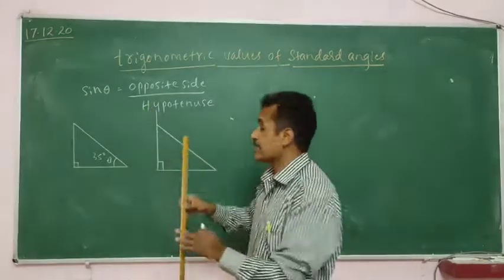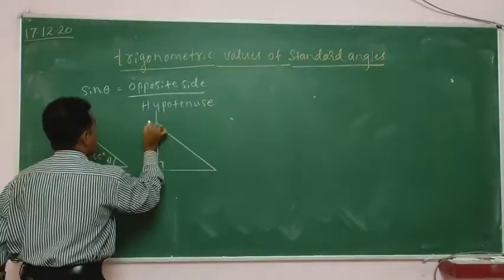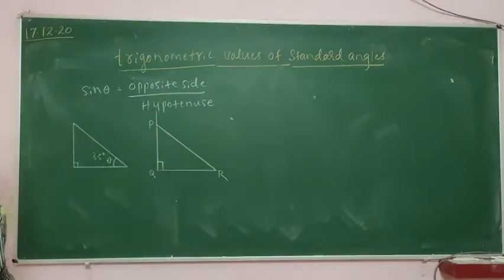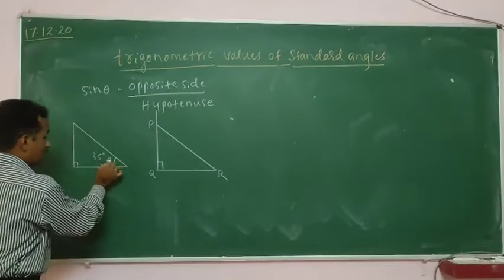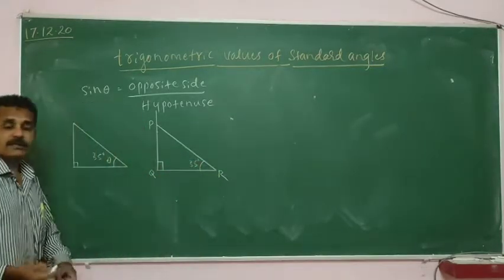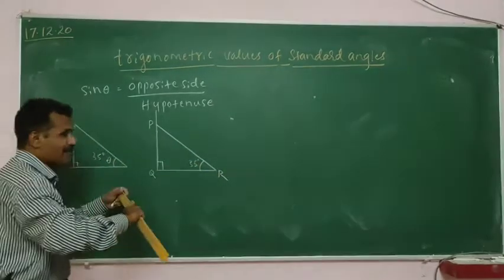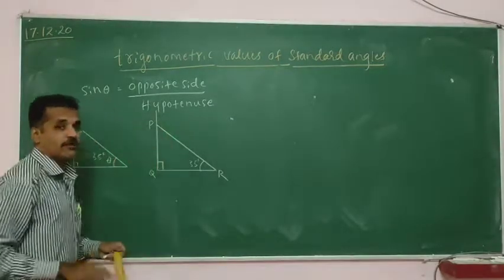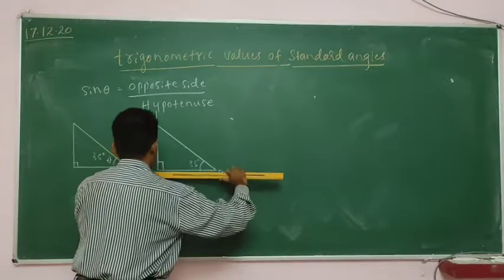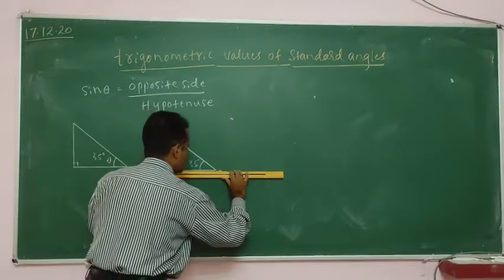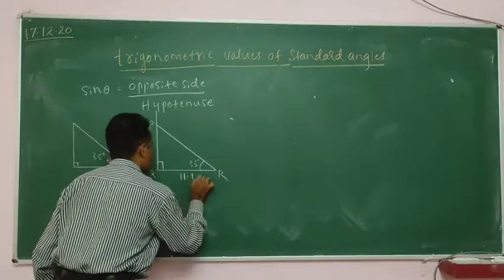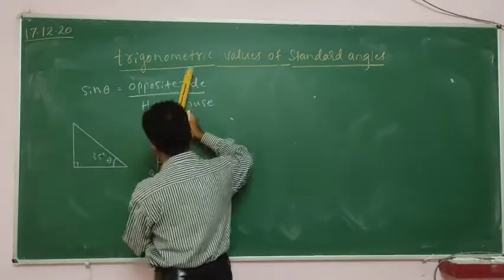I want a right angle triangle. I will call it as angle PQR. Now, in the place of theta, I got here 35 degree. Now, what is my work? I will measure each side of the right angle triangle very accurately. I got this as 11.1 centimeter.